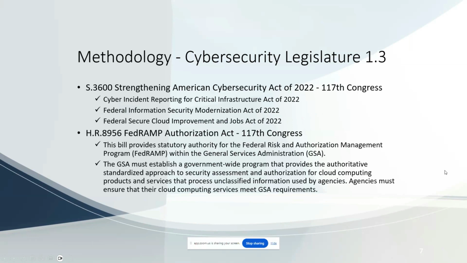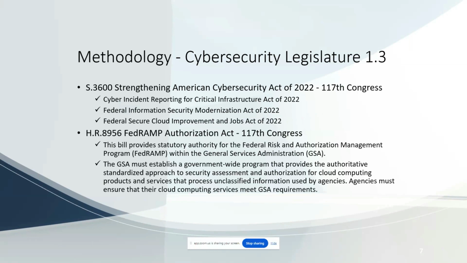A few of the most recent pieces of legislation that are currently passing Congress: S. 3600, Strengthening American Cybersecurity Act, which is a bill that addresses cybersecurity threats against critical infrastructure for the federal government.